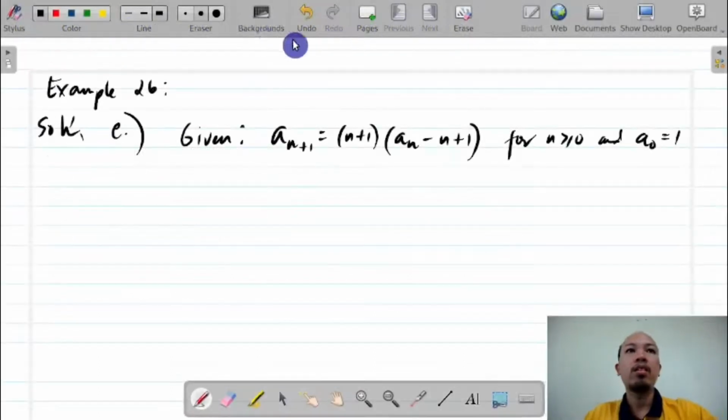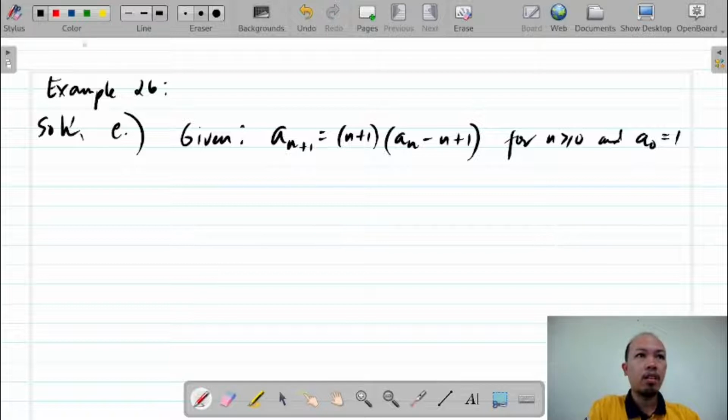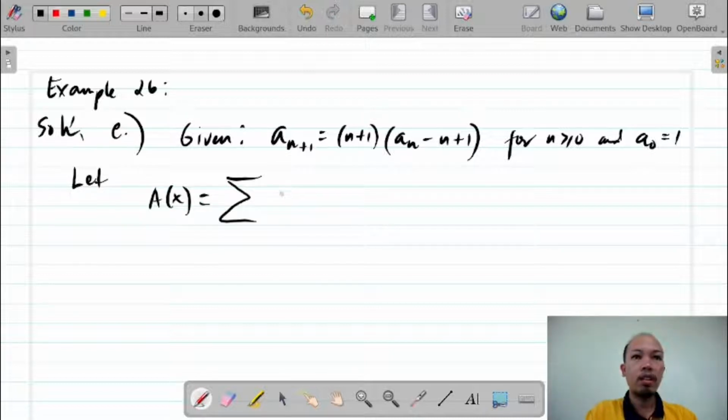Okay, so first, we are going to let a of x be equal to the summation of a sub n x to the n over n factorial.